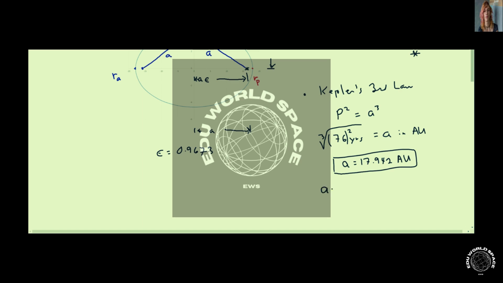We can take a, or any distance really, and convert by knowing the distance in 1 astronomical unit. I will use 1.496 times 10 to the 11th meters in 1 astronomical unit. So this could become helpful, as we'll see shortly, when we need to get velocities.